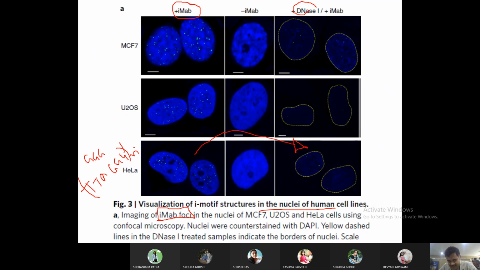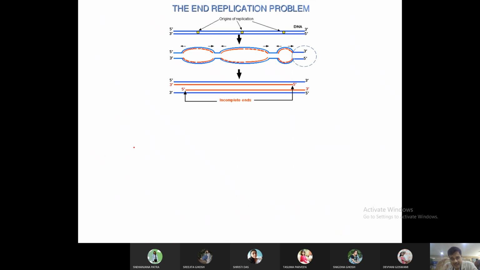our chromosome. Correct? And why are these structures required? Because we have linear DNA. Bacteria has circular DNA. Bacteria has no problem because it has circular DNA, so there is no end of the DNA and no beginning of the DNA. It's a chicken and egg problem. But in our case, we have linear DNA. So as we have linear DNA, we have a problem. What kind of a problem?